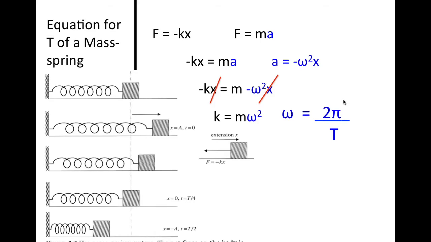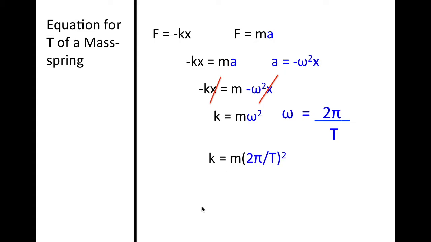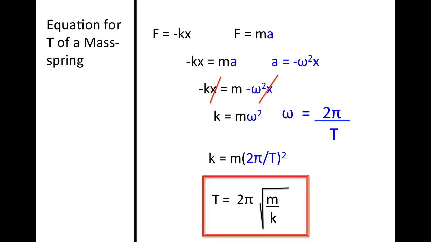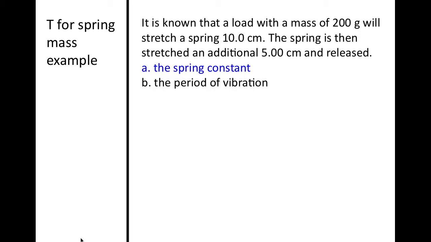We also know that omega equals 2 pi divided by T. Plug that in for omega, and we get k equals m times 2 pi divided by T, squared. This gives us our new equation, which is T equals 2 pi times the square root of m divided by k.